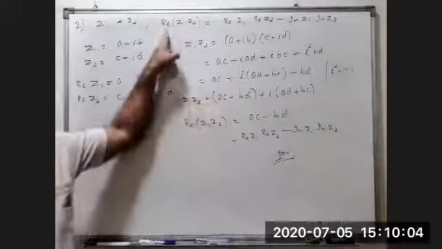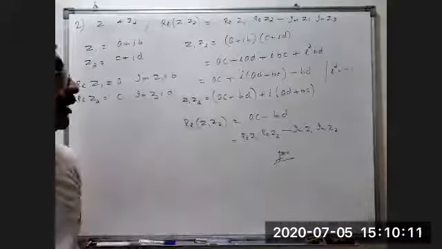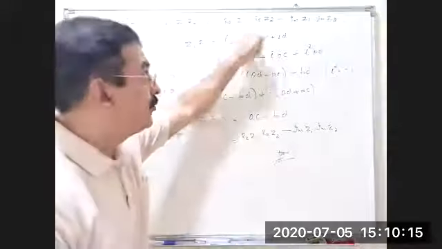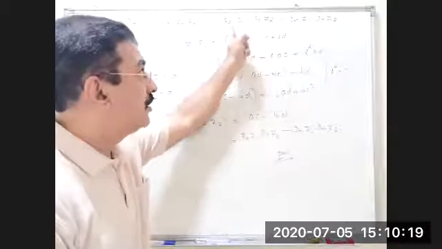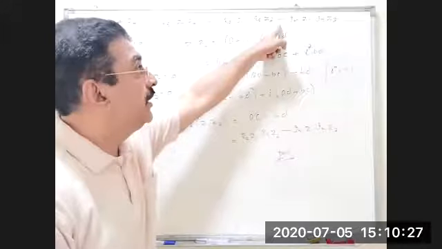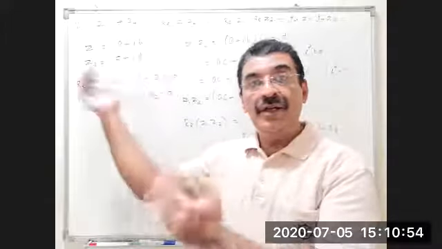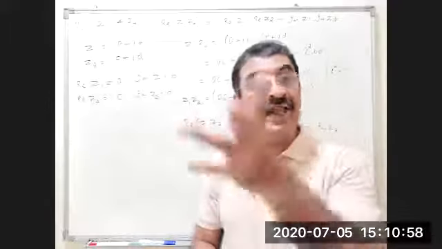Prove that the real part of the product of two complex numbers is the product of their real parts minus the product of their imaginary parts. Same thing with a slight change, it can be asked like that.